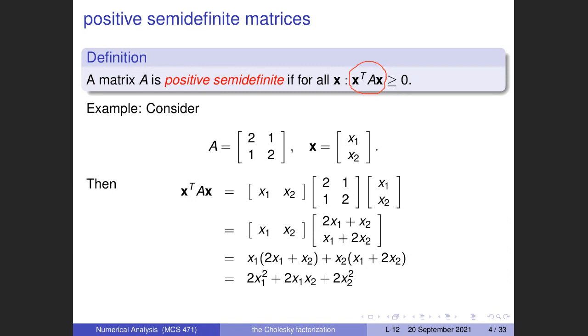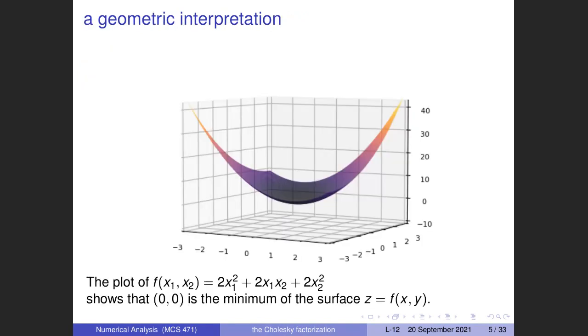Why is this positive? Well, we could try to prove this analytically, but actually a picture makes the proof here. If we make a three-dimensional plot, then you can see that I picked one camera point of view that probably makes it more or less obvious.